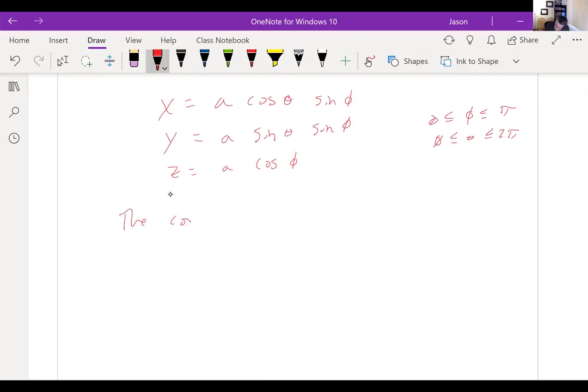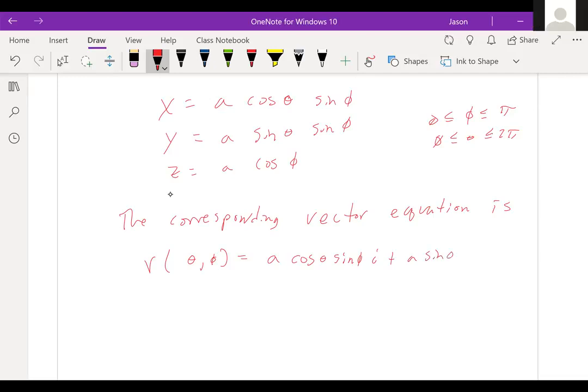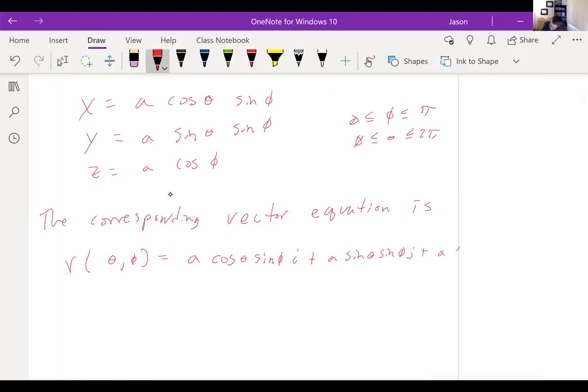Okay, the corresponding vector equation is r of theta, phi is equal to a cosine theta sine phi i plus a sine theta sine phi j plus a cosine phi k.